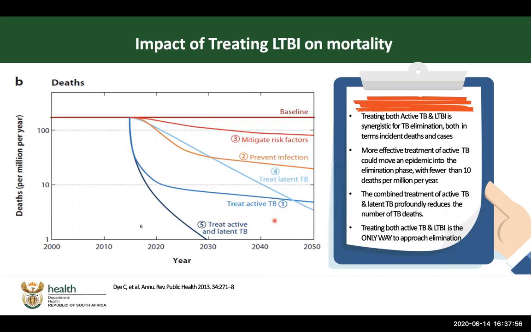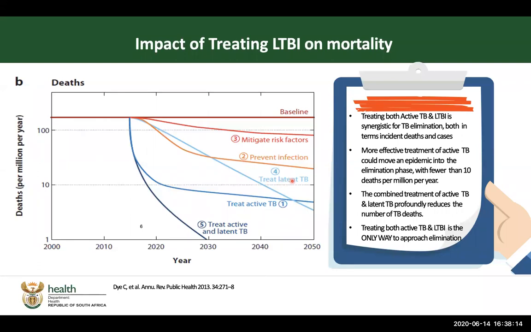Look at deaths, right? If you want to reduce TB deaths, it's almost impossible to do it without implementing an effective TB prevention program that's going to focus on latent TB.